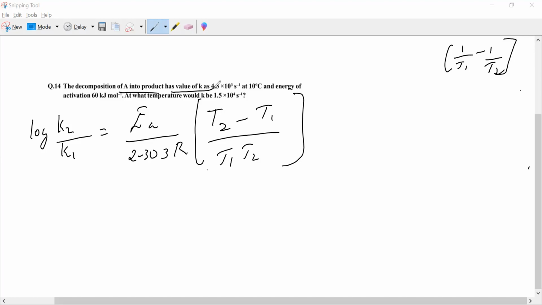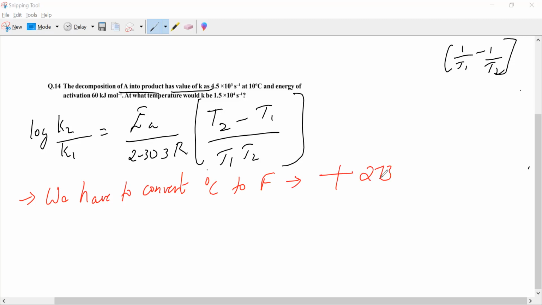Now in this question, the decomposition of A into product has a value of K as 4.5 into 10 power 3 per second at 10 degrees Celsius. One key point to remember is that we have to convert the temperature from Celsius to Fahrenheit. So we will add plus 273 to 10 degrees Celsius.